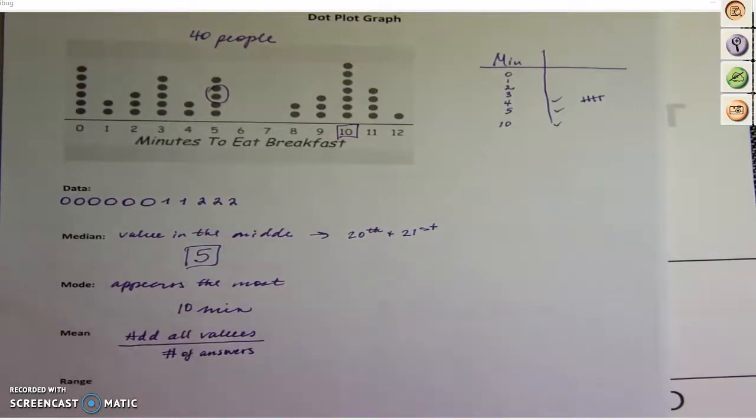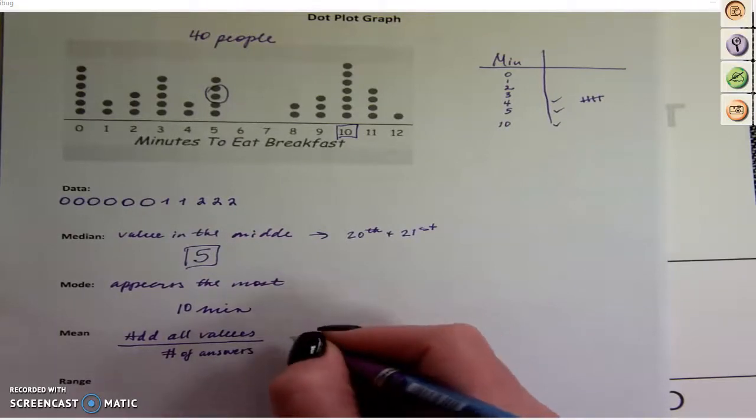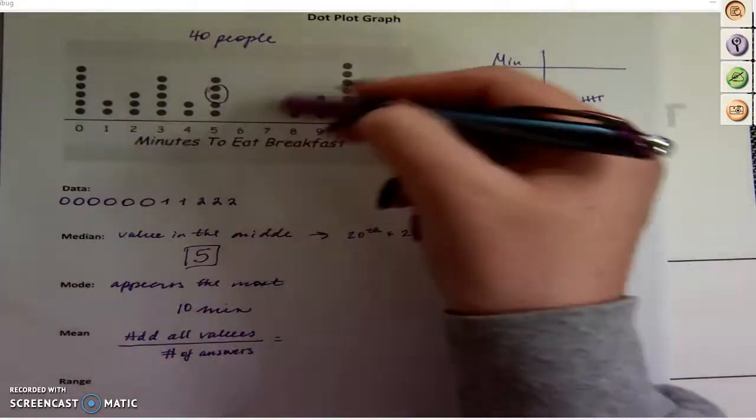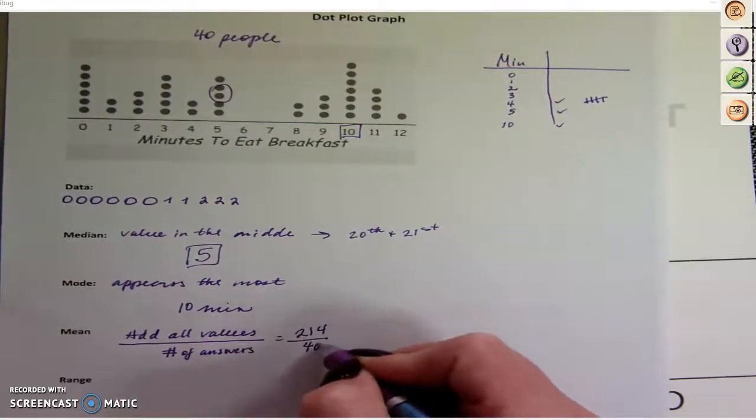We have 40 people. If I were to add all of my values, it would be 214 divided by 40 people.